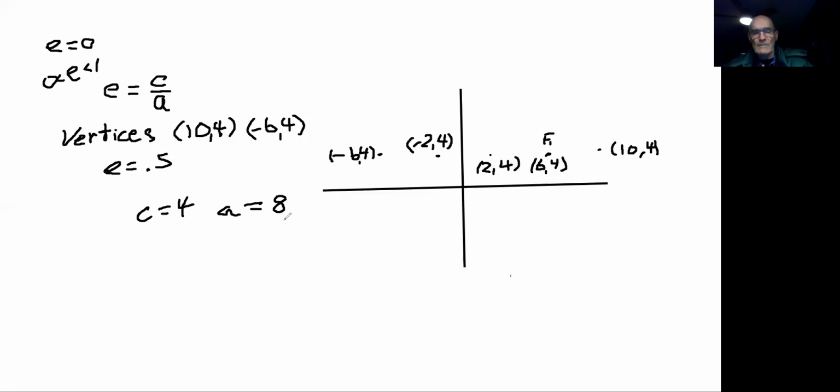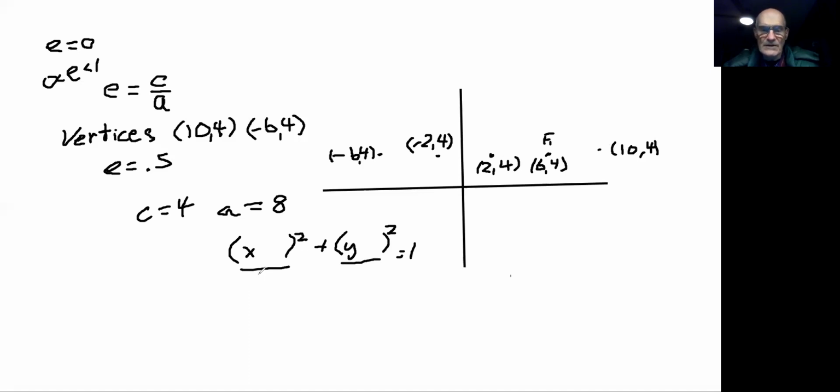Now, when I write my equation for my ellipse, I can start with the standard form. I know I've got an x with a square plus a y with a square equals 1. My major axis is along the x-axis, and the distance from the center, which is 2, to the right vertex is 8.